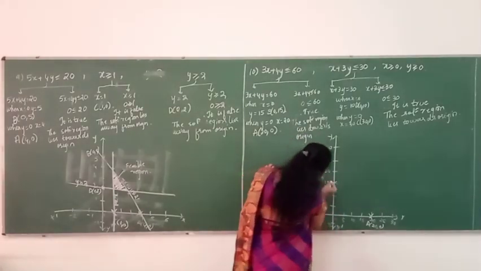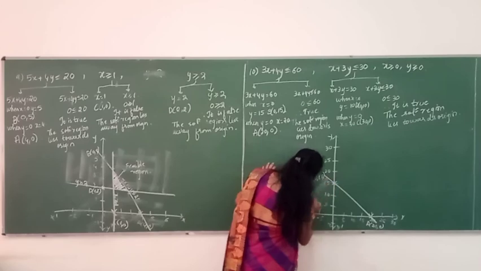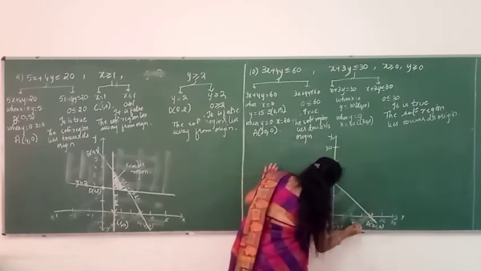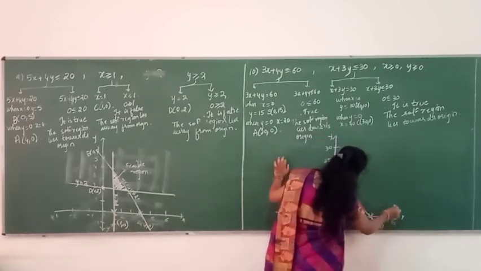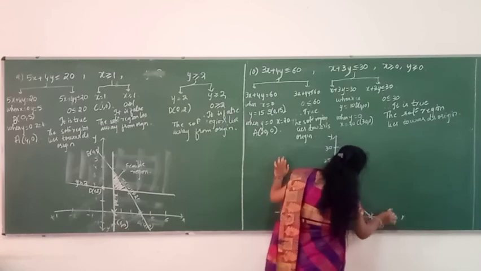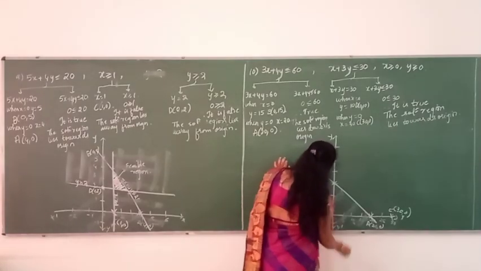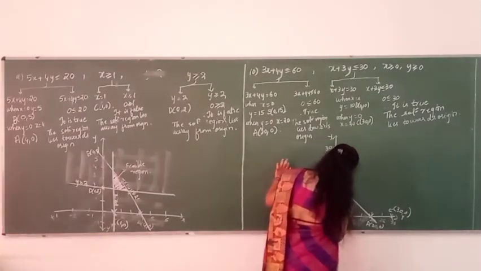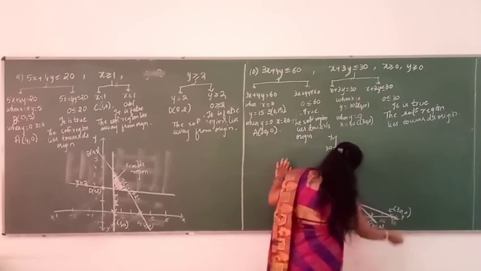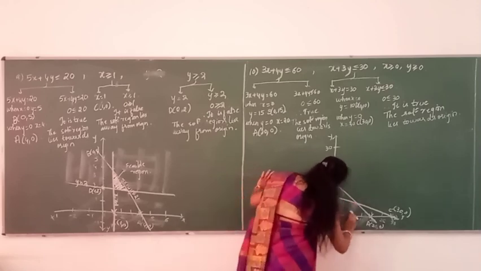As it is less than or equal to, it will be a bounded line. And it is true, therefore it will be towards the origin. Okay. Next one. C is 30 comma 0. And D is nothing but 0 comma 10. So here, therefore, it lies towards the origin.